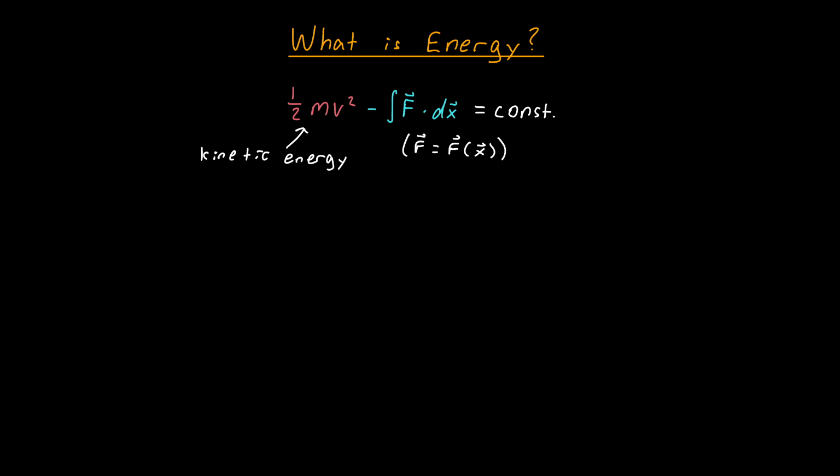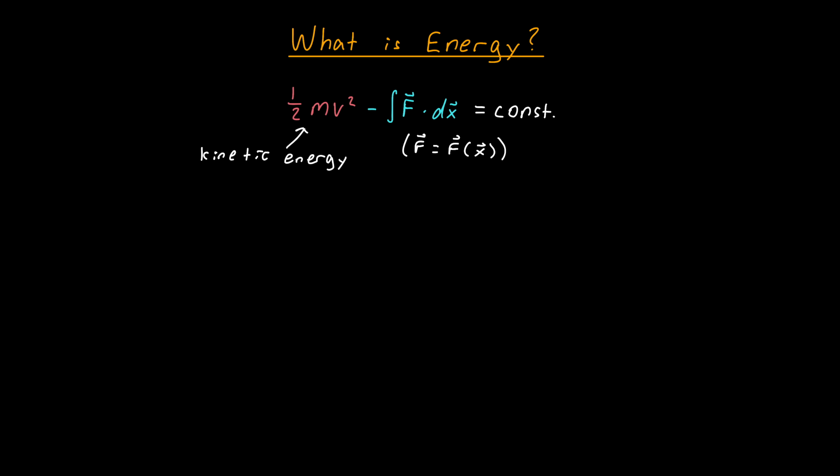If the value of the force depends only on where your system is located, then integrating it with respect to position will just give another function of your system's position, right? So the value of this term will depend only on where your system is located.